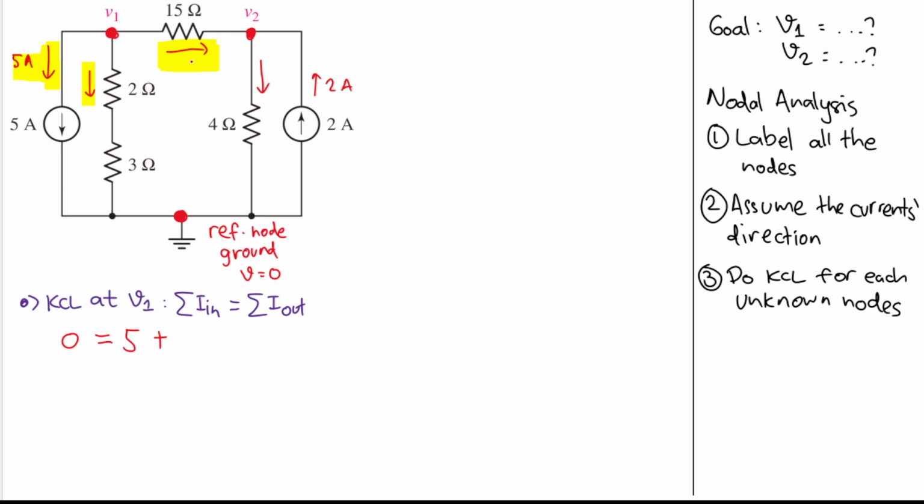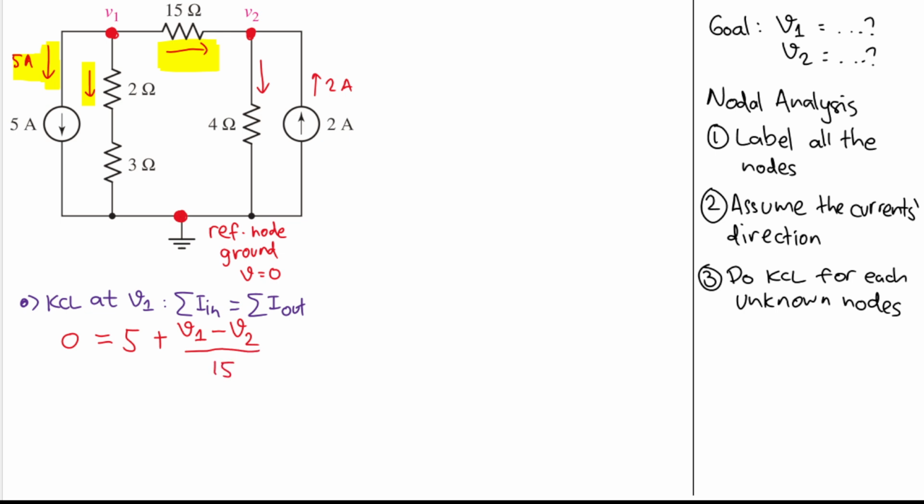The current is coming from V1, so I will write V1 first. And then the current is going to V2, so I will have minus V2 here. Good, but this is voltage. Remember, to get current, we need to divide it by the resistance. So I will have divided by 15.